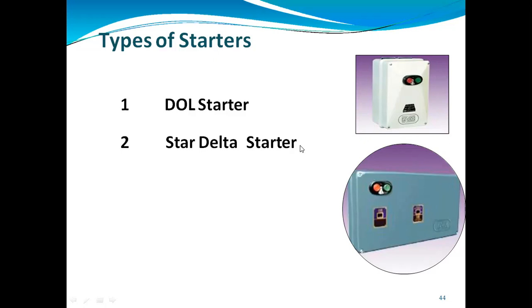We have different types of starter: direct online starter, star delta starter, auto transformer starter, and stator resistance starter. We will see them one by one. But in our syllabus, out of four, we are supposed to study the direct online starter and the star delta starter.